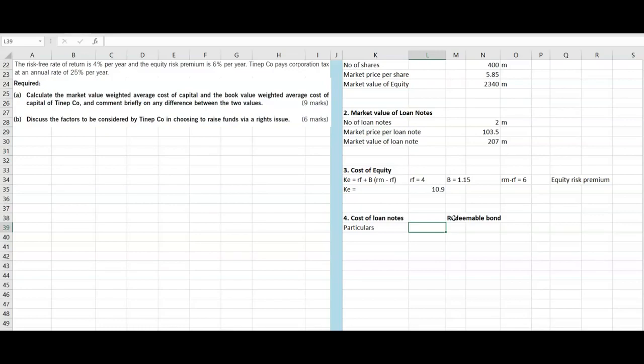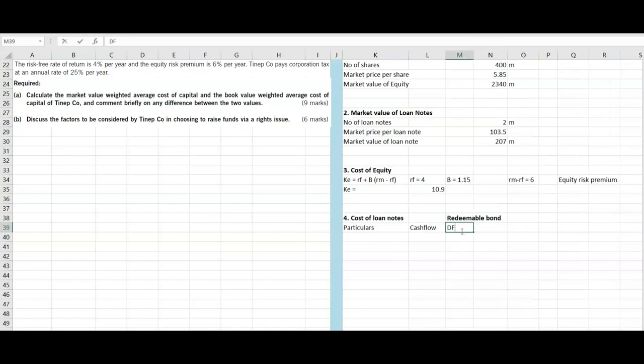So we have the particulars, we have the cash flow, then we have the discount factor at some percentage, then we get the PV. So again we have to do these two things and get an answer. That's about the table.